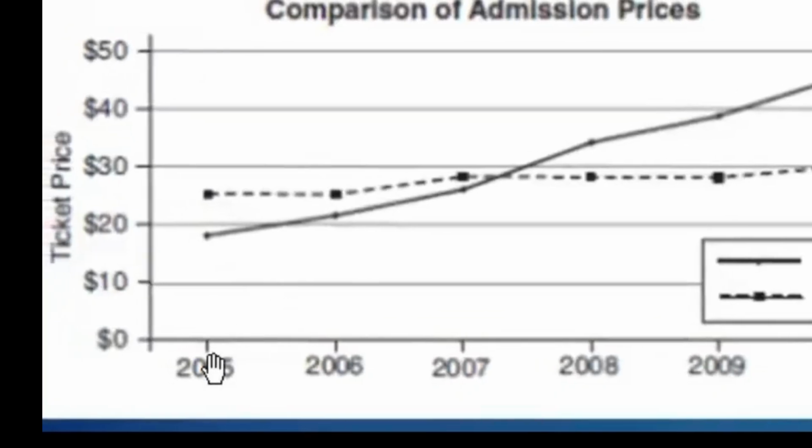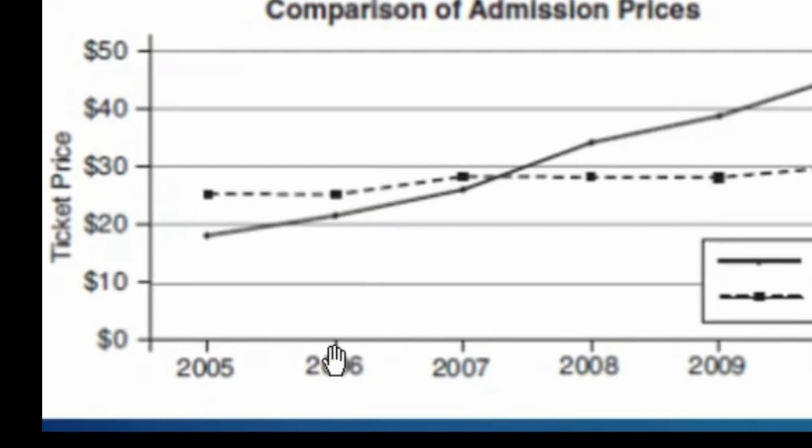We see that in 2005, if we follow this location on the graph, 2005 to the first point on Park A, and then we follow that point to the y-axis, we see that maybe that's around, I don't know, guys, what do you think, 19? Okay, maybe 18 or 19. So let's go with 18. So we can say that in 2005, the price to enter Park A was $18, okay?